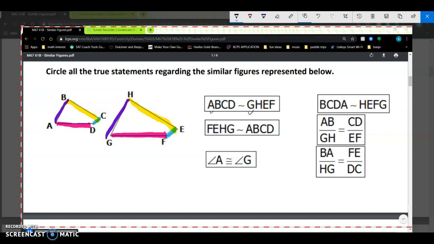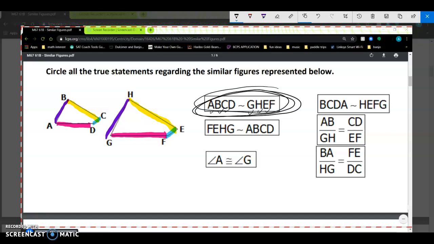B is like H. B corresponds with H. C corresponds with E. And D corresponds with F. So this statement is true. We're looking to make sure all of those letters match up appropriately.